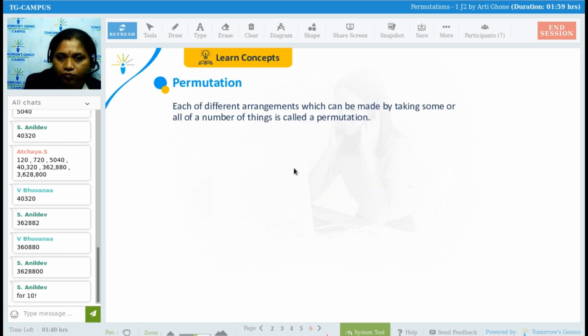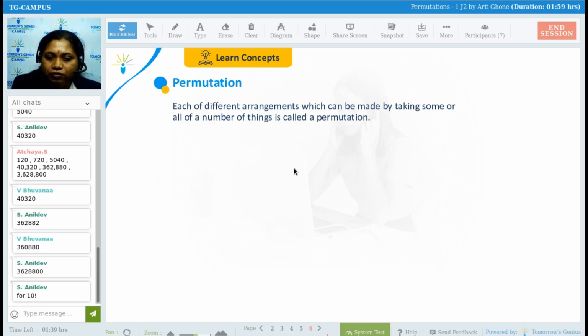Now see, each different arrangement which can be made by taking some or all of the things is called a permutation. In some textbooks the definition is given as arrangement of r objects out of n objects given, known as permutations. That is also fine.